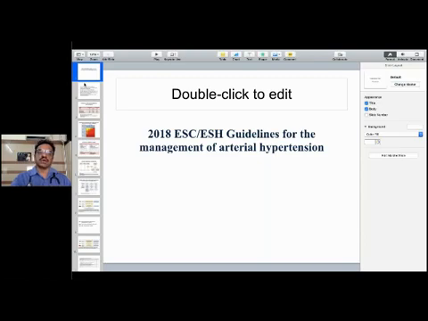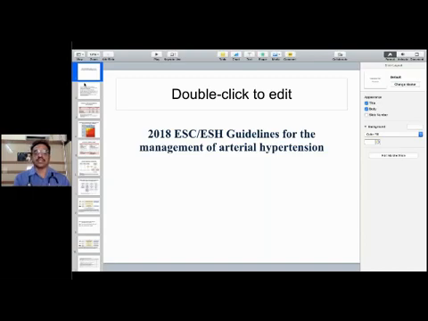The agenda of the whole meeting is we will be classifying the hypertension according to the level of blood pressures as optimal, normal, high normal, stage 1, stage 2, stage 3. We'll classify the risk and the grades of hypertension. Then we will see what is the importance of office and out of office blood pressures.